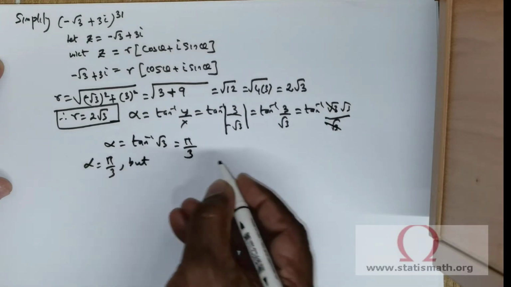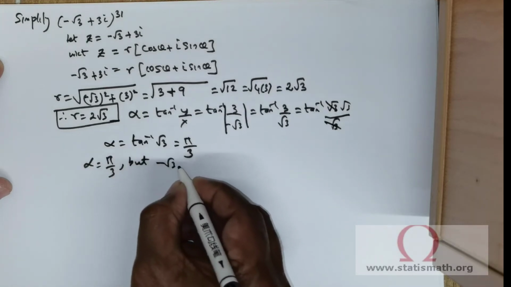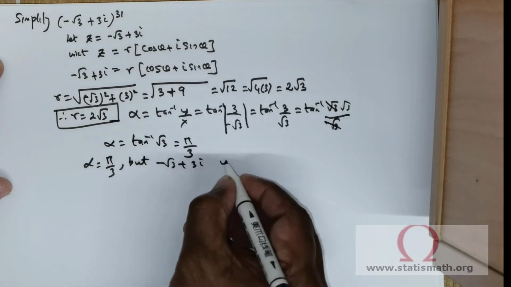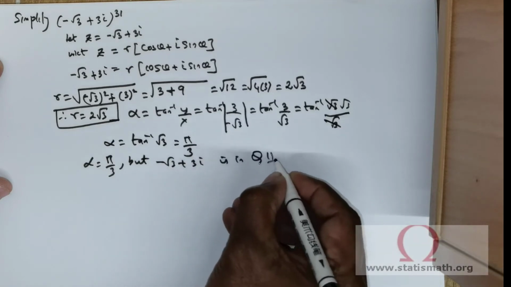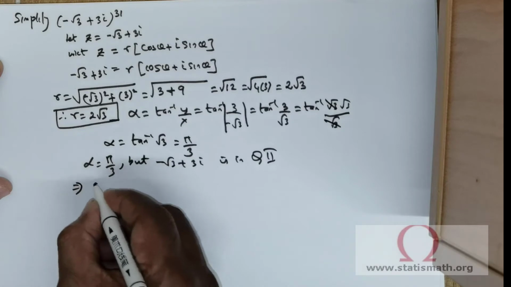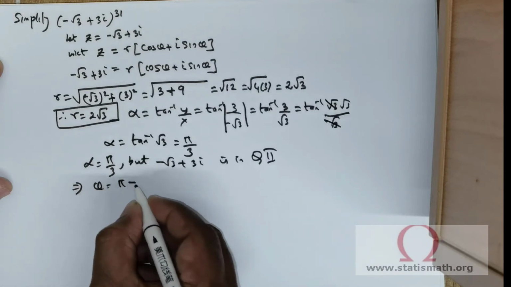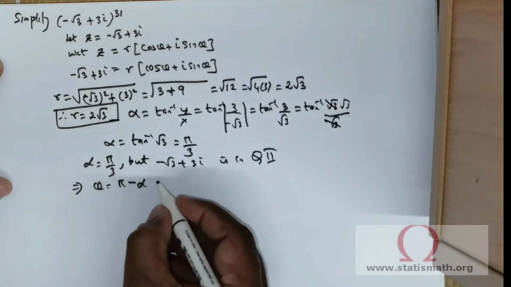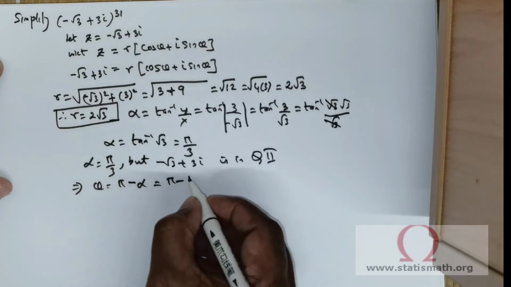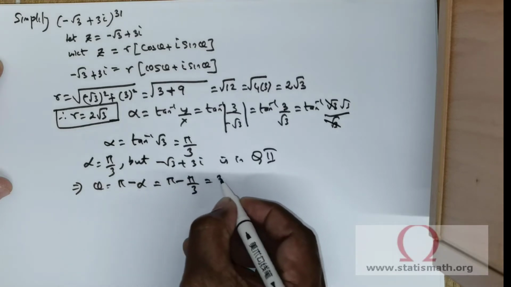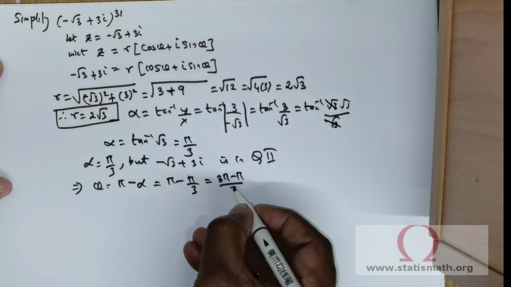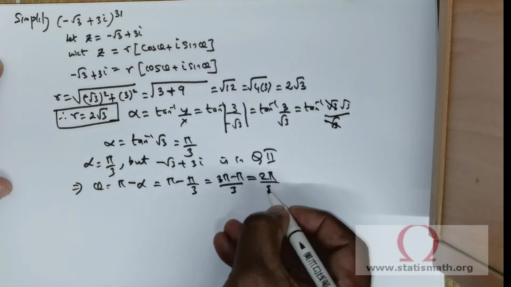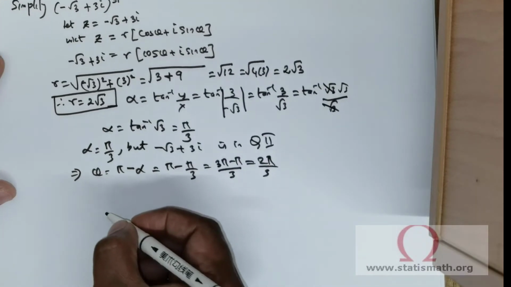But this is not theta. Negative root 3 plus 3i is in quadrant 2, so my theta is pi minus alpha, which is pi minus pi over 3, which is 2 pi over 3. So this is my theta.